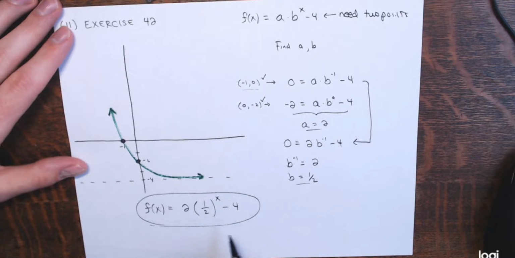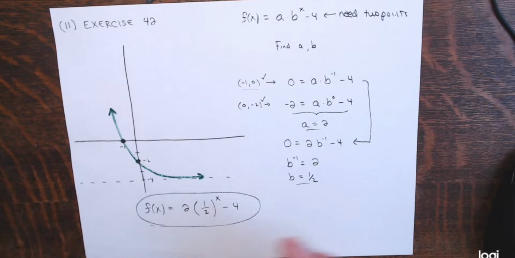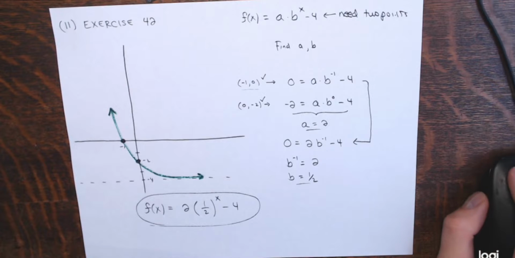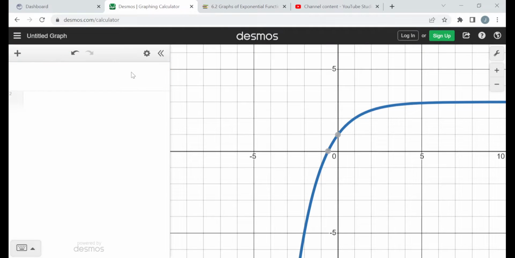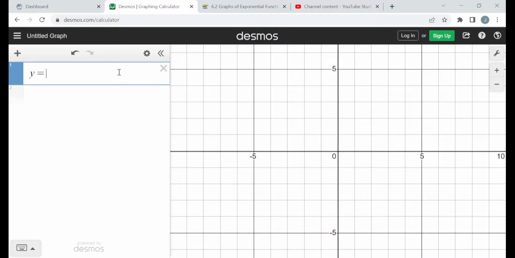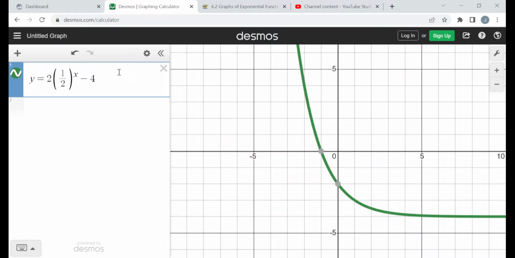And if you really want to double check, right, go to Desmos, enter this, and see that it looks exactly the same as the function we were given. So that's what I'll do. So y equals 2 times a half to the x power and then minus 4. And there's your negative 1, 0. There's your 0, negative 2.